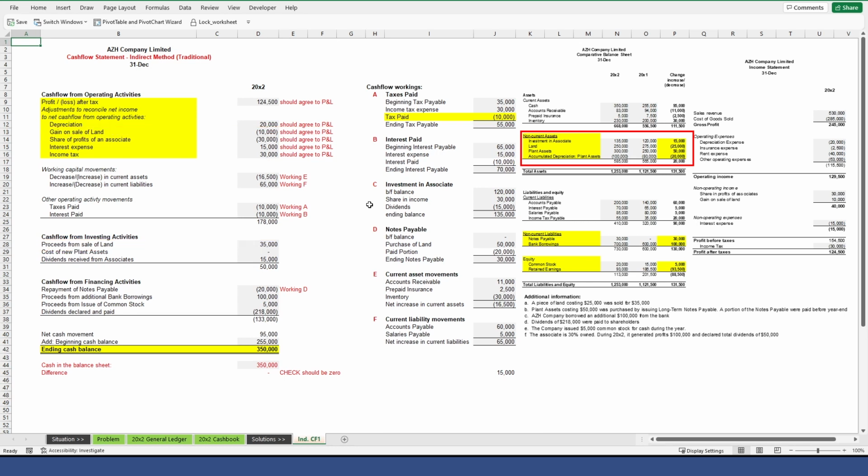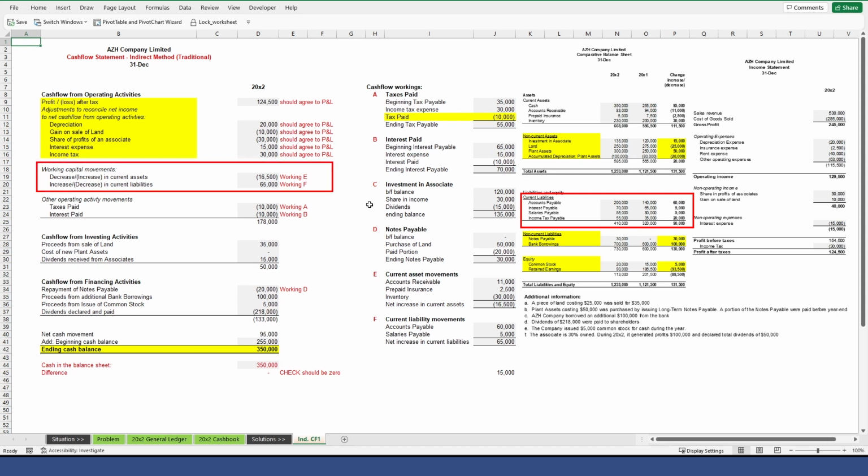Also, the plant assets have been accounted for as part of the notes payable in the Working D. Accumulated depreciation of 20,000 has also been accounted for in the depreciation adjustments to reconcile net income. In the current liabilities, accounts payable and salaries payable are accounted for as working capital movements and interest payable and income tax payable are accounted for in the tax paid and interest paid.